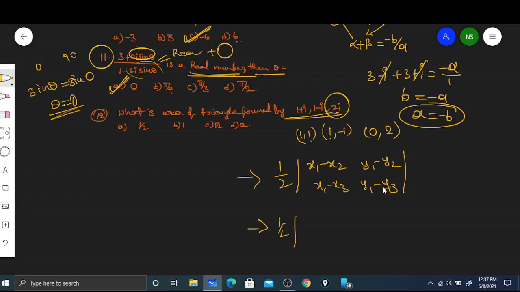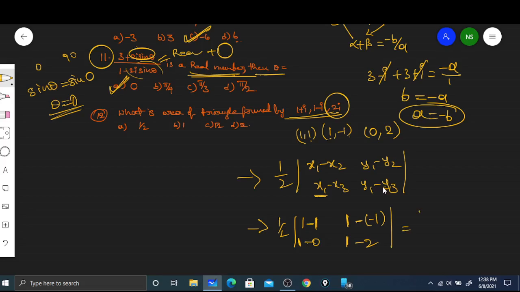Half modulus: x1 is 1, x2 is 1, y1 is 1, y2 is minus 1, x3 is 0, y3 is 2.